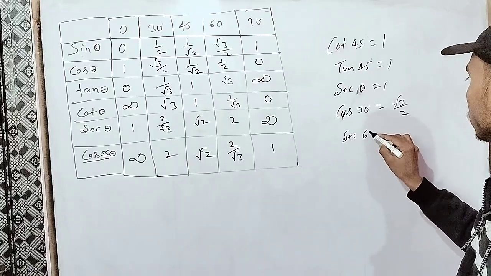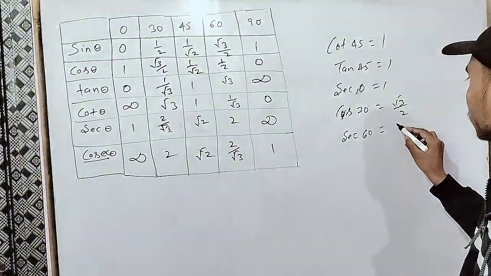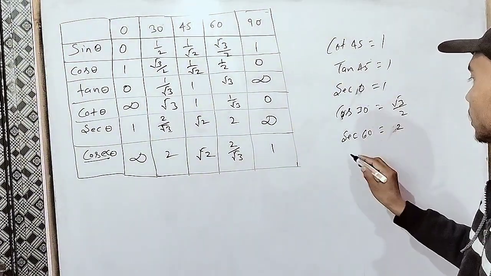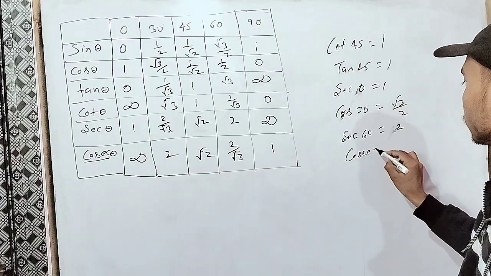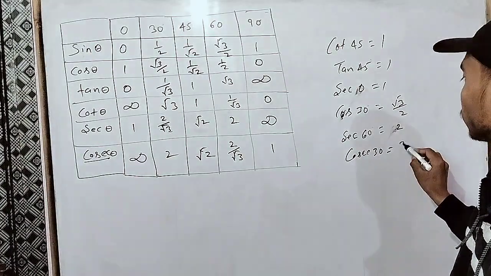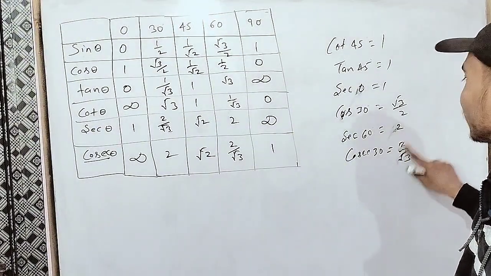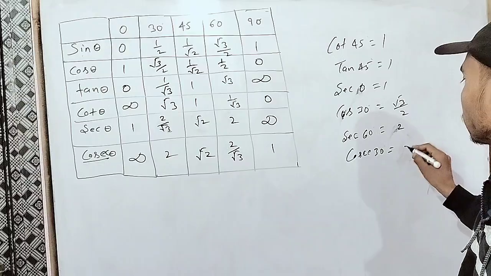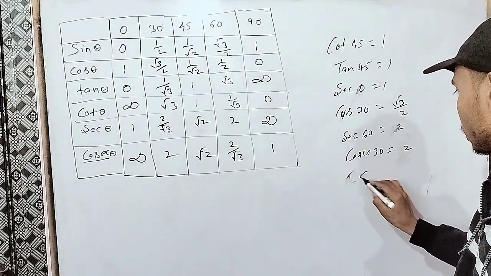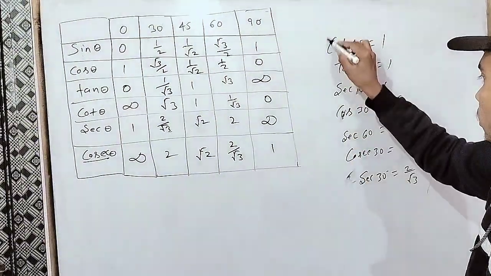Sec 60 degree, you would say 2. Then cosec 30 degree, you would say 2. Then sec 30 degree, you would say 2 by root 3.